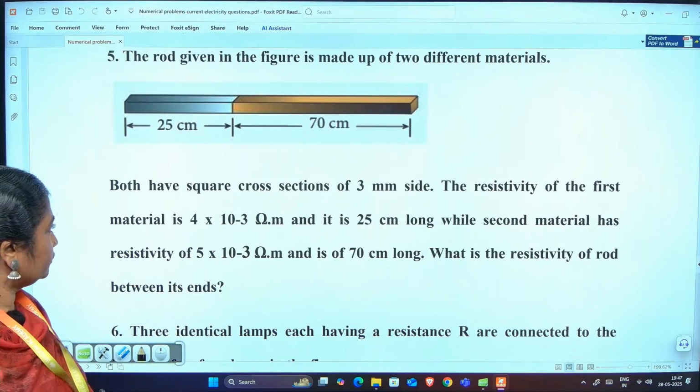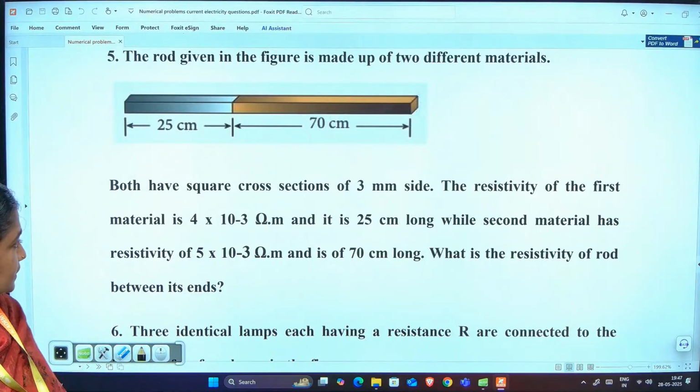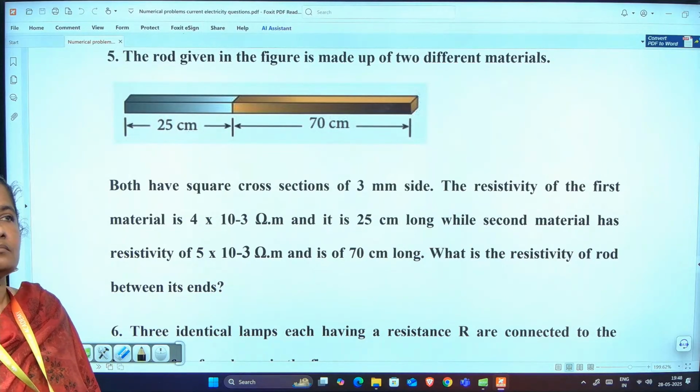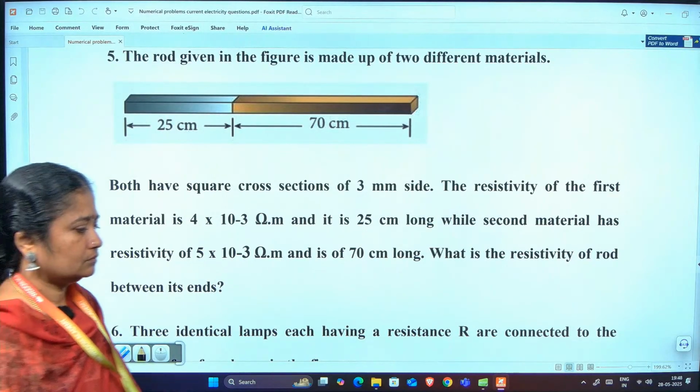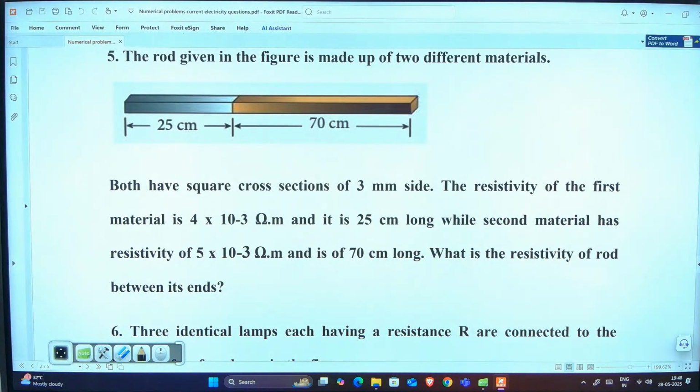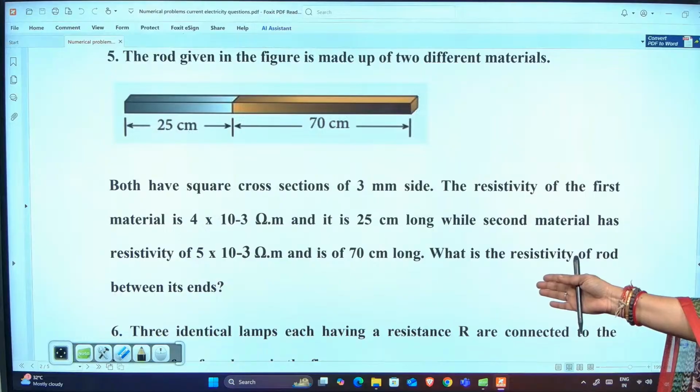Area of cross section is common for both, 9 into 10 power minus 6 meter square. Centimeter also you have to convert to meter, because they have given resistivity in ohm meter.